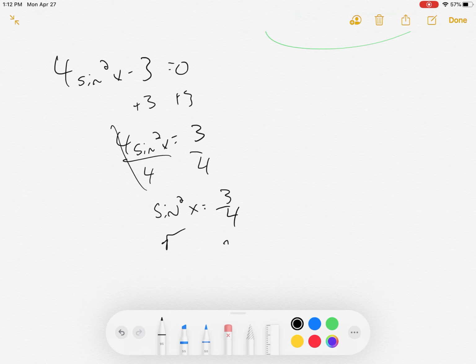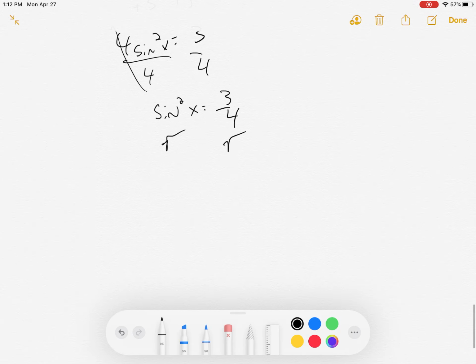Okay, now we need to take the square root, since we're getting x by itself. Sine of x equals plus or minus the square root of 3 over the square root of 4. So we have sine of x equals plus or minus square root of 3 over 2.